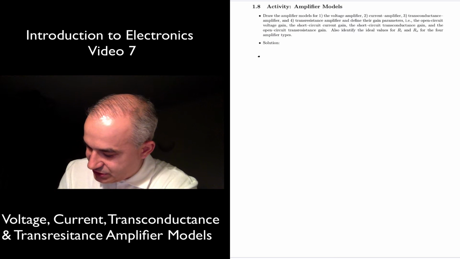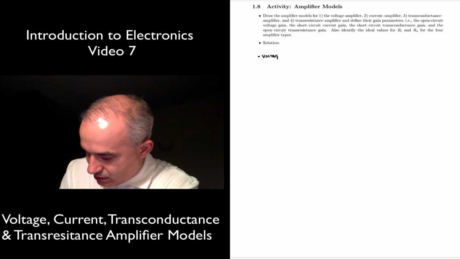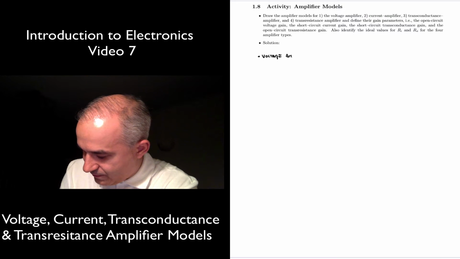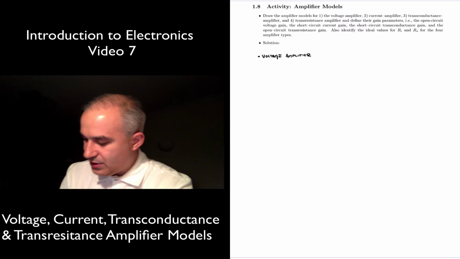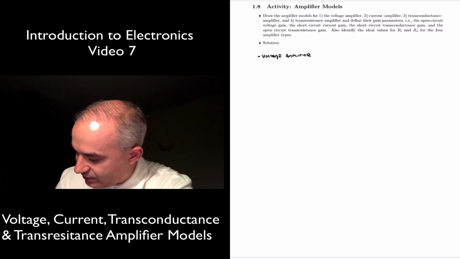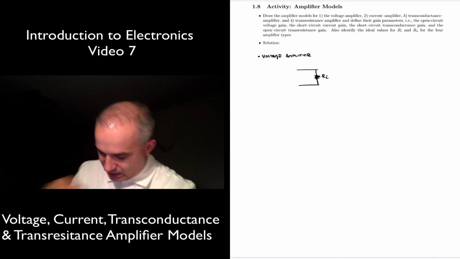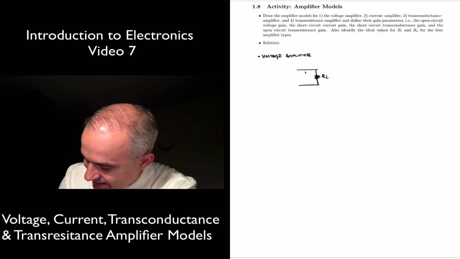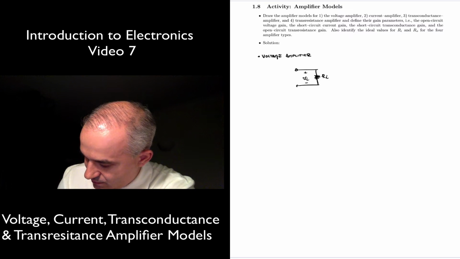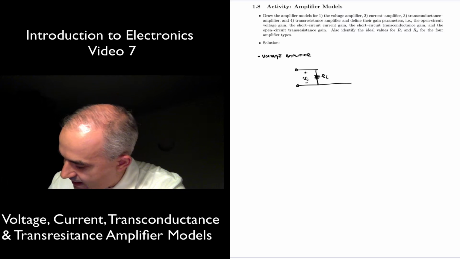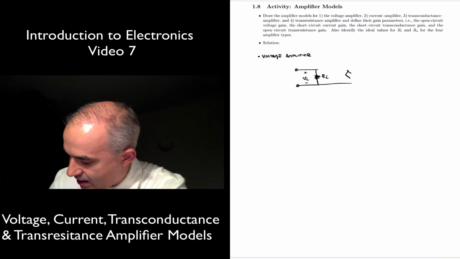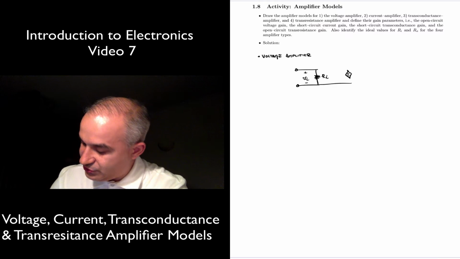So, voltage amplifier. Our model for the voltage amplifier includes an input impedance, Ri, where we sense an input voltage, Vi, and then we have a voltage controlled voltage source.